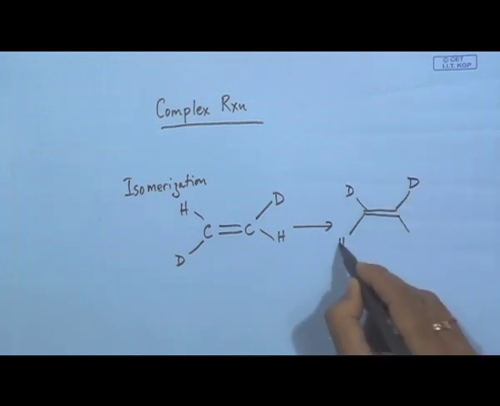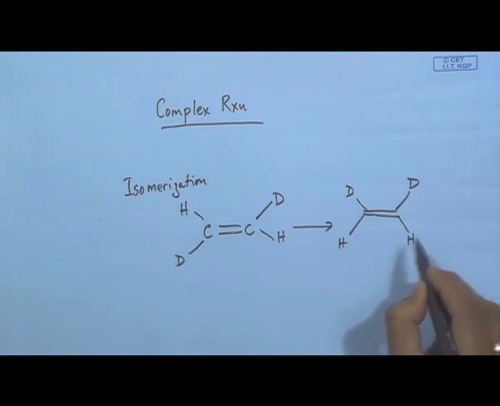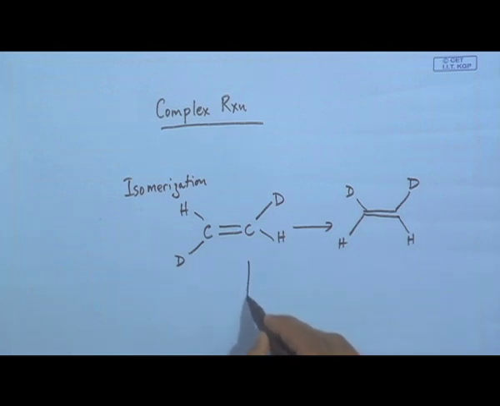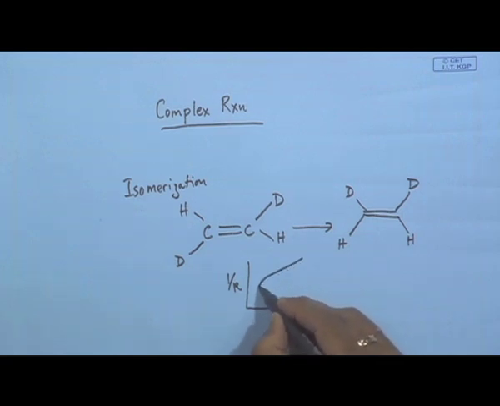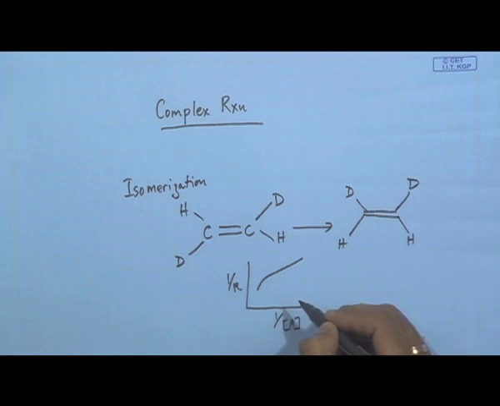This is found to follow Lindemann mechanism, and it shows the pressure dependence, like if this is 1 by K and if this is 1 by A, that is concentration of A, then it is found to follow like this, it deviates from linearity when pressure is increased.